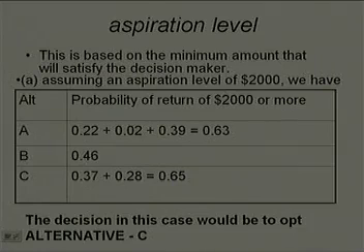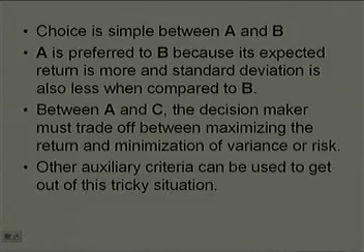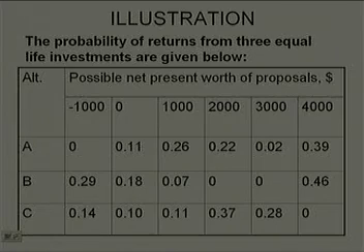Now, let us go back to that previous slide. Yes, here it is. In case 1, I have taken my aspiration level to be $2,000. That means I am aiming for a minimum of $2,000.